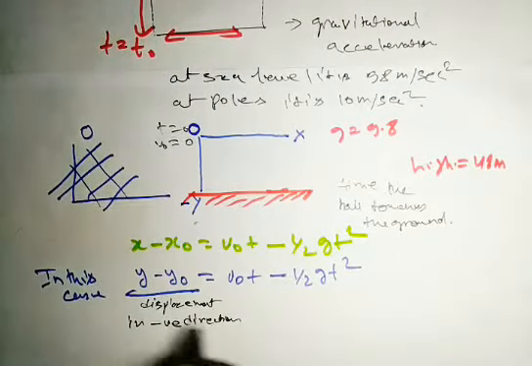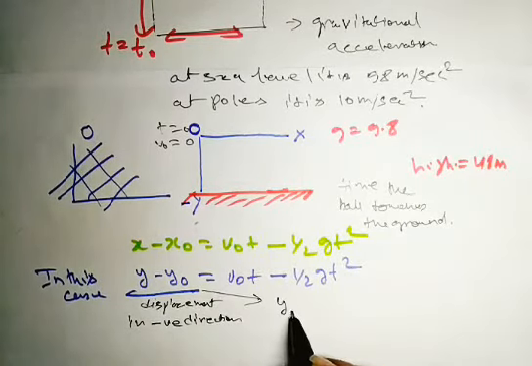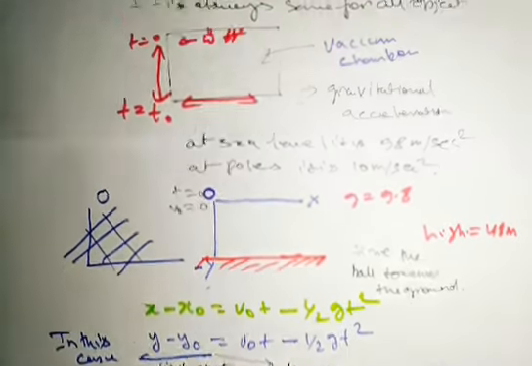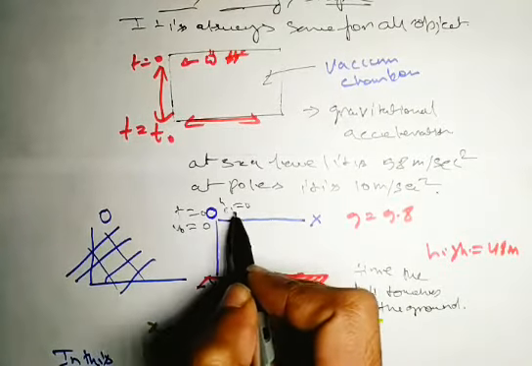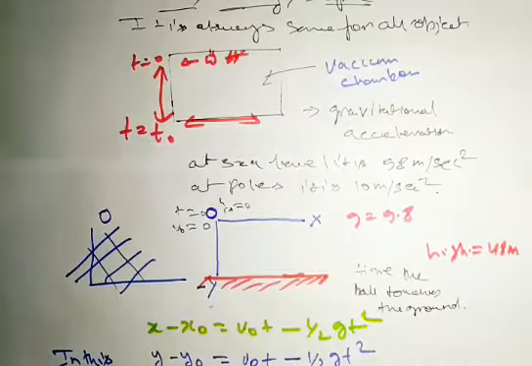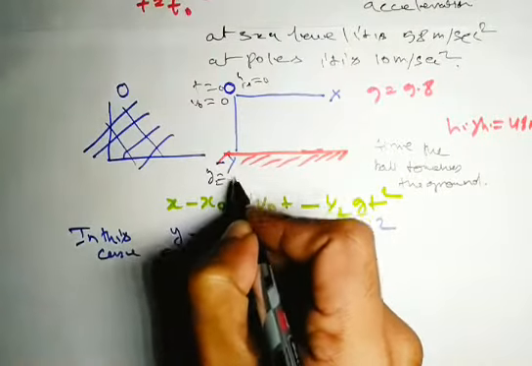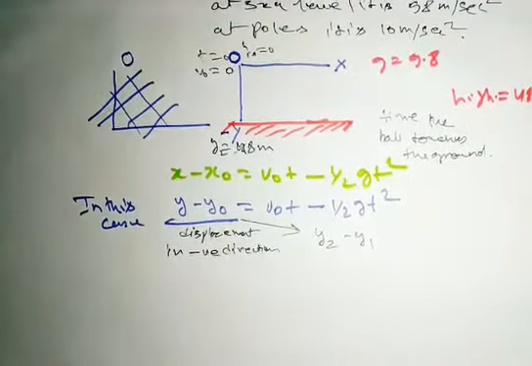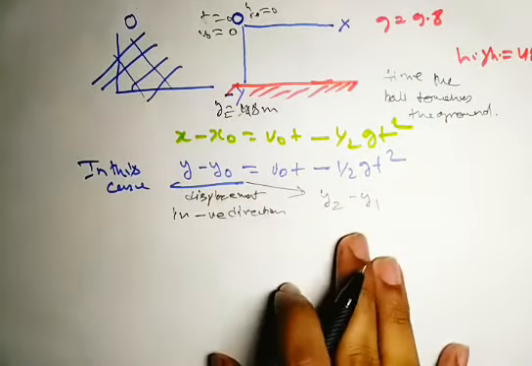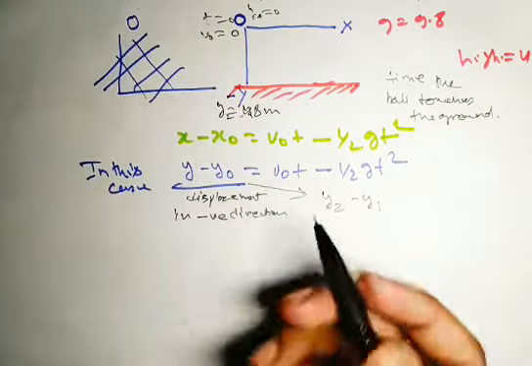If you have confusion about it, you can take it as y2 minus y1. Then y1, or y naught, is equal to 0 here, and y2 is equal to 48 meter. So, I am going to take y minus y naught.